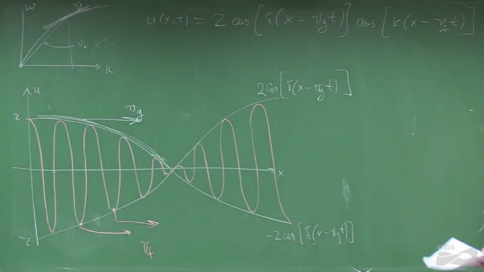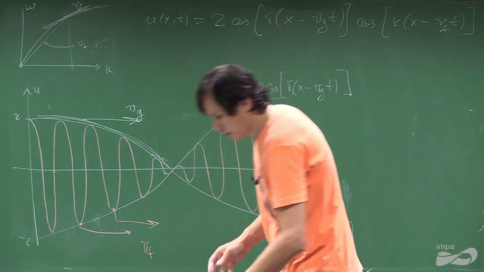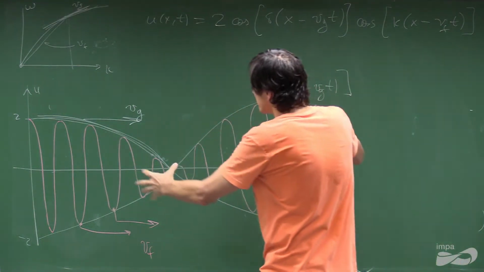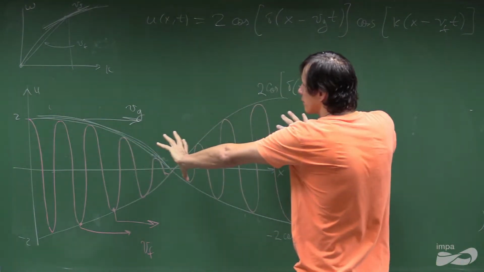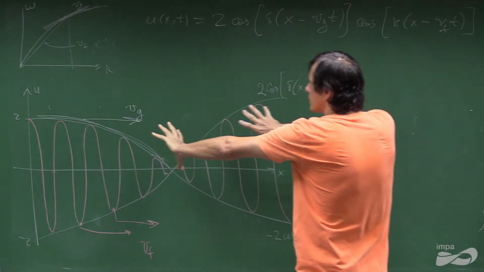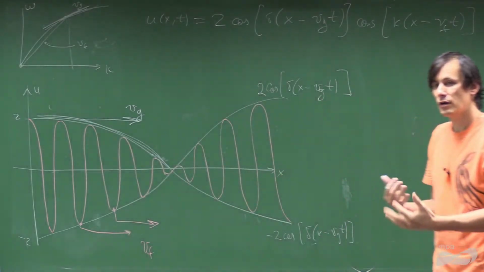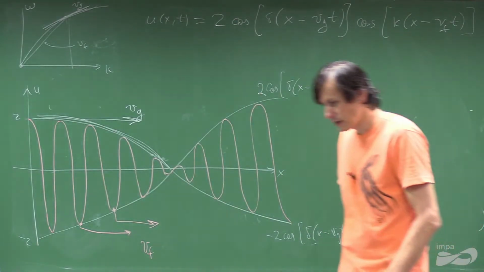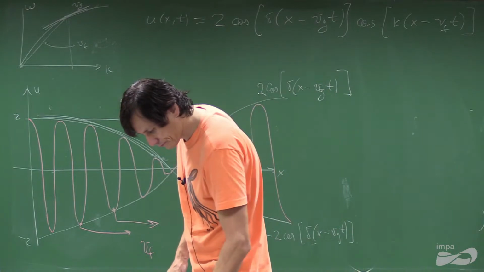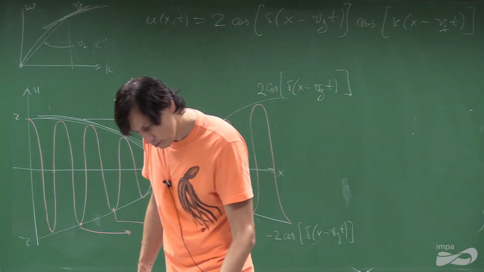So there will be motion which is composed of two different speeds. There will be a general envelope which is moving with one speed, and then there will be internal oscillation which is moving at another speed. And they have to be kind of in agreement between each other.